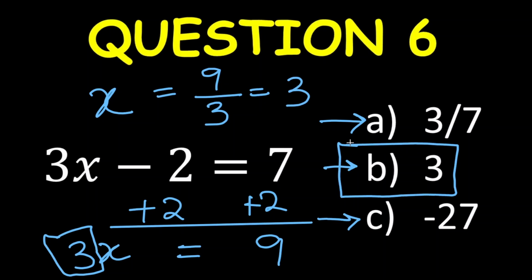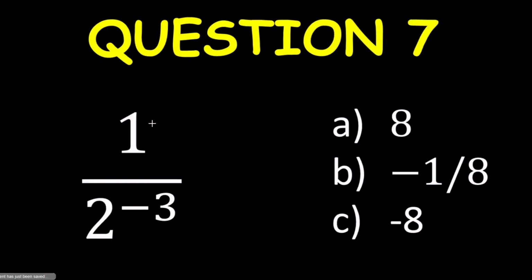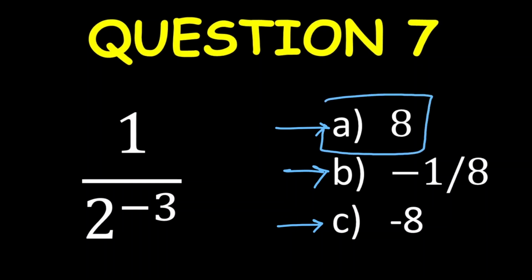All right, next question. What is 1 over 2 raised to the power of minus 3? Option A is 8, option B is minus 1 over 8, and option C is minus 8. The correct answer is 8. Let's see why.